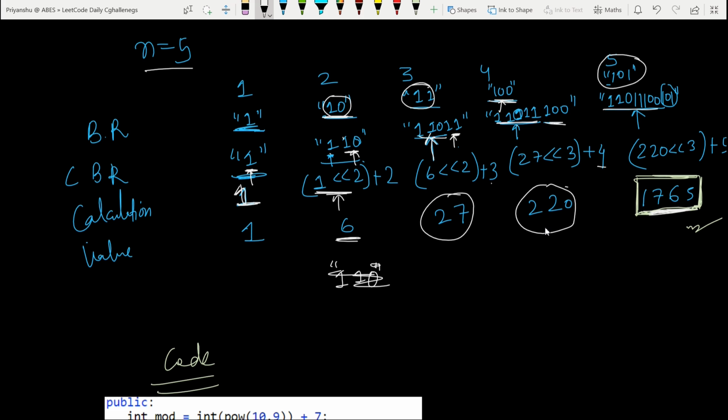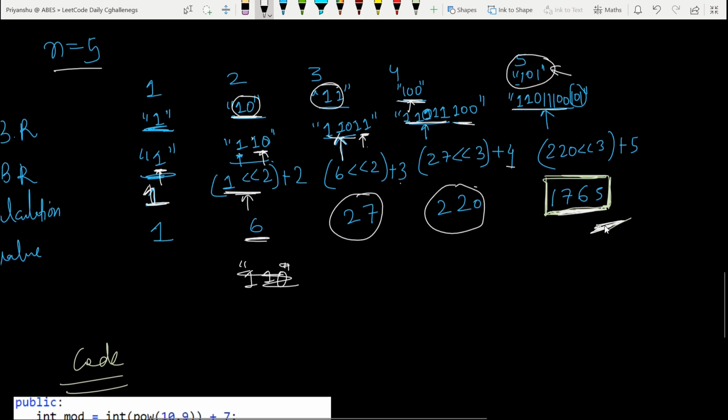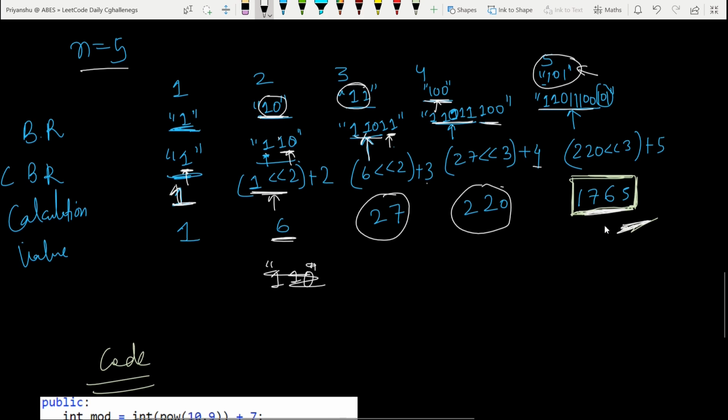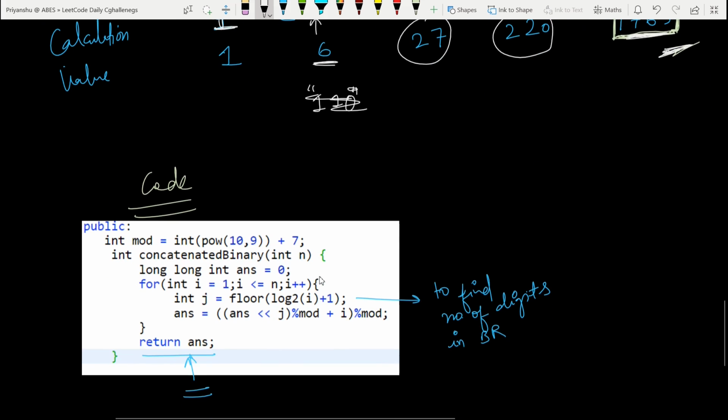Now this 220 will be shifted by the number of binary digits in 5. So it will be shifted 3 positions, and we'll add 5 to it. So we will be getting 1765. Okay, so this is the explanation of the logic, and now I will show you the code.